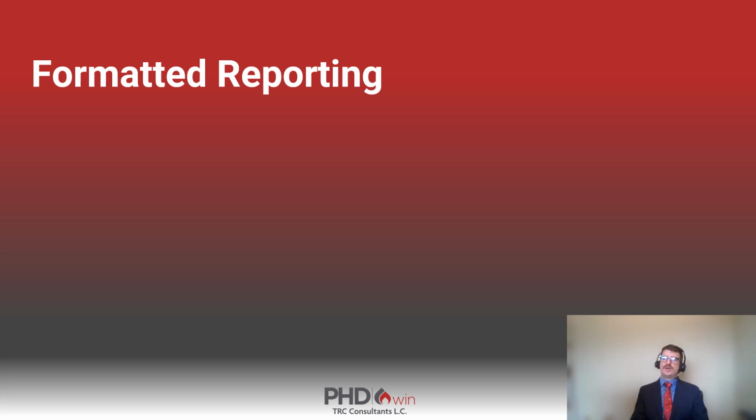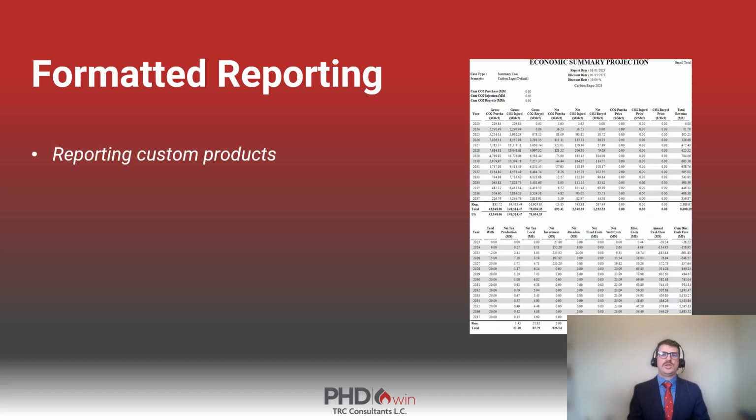Once you've projected your volumes, applied your revenue and expenses, the last thing that you would really need to do is start reporting those values. So the biggest issue you will run into is how do we report those custom products? PHDwin has several formatted reports that do give users the ability to make some adjustments to them.